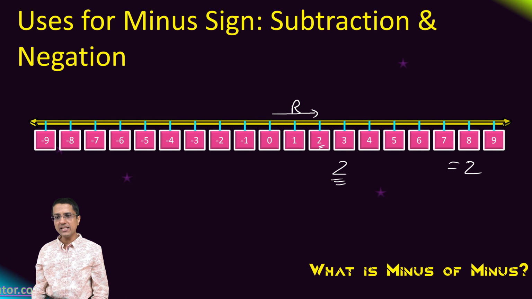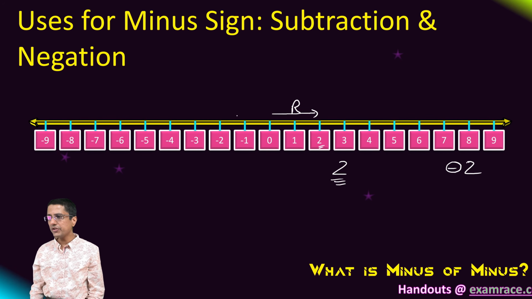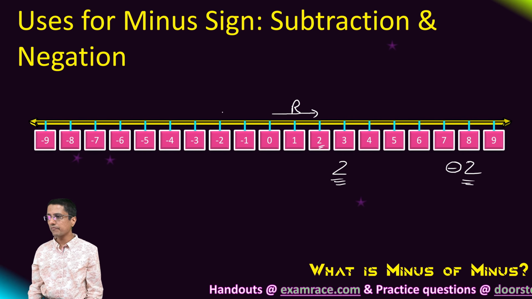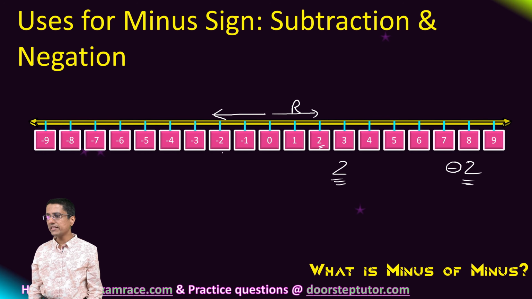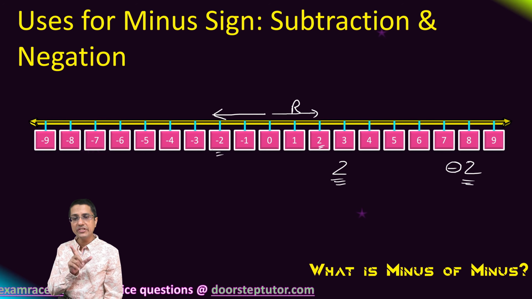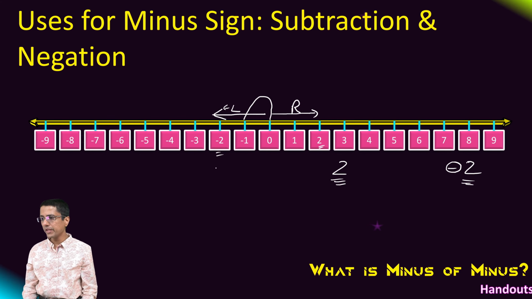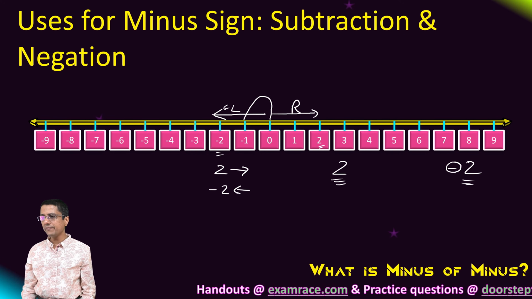To reach minus 2, when I apply the negation to 2, I still need to traverse 2 places from 0, but I change the direction of my movement. So this negation operation, what does it do? It changes the direction of my movement. So from 0, now I have to move towards the left. So 2 moved towards the right, minus 2 we moved towards the left.